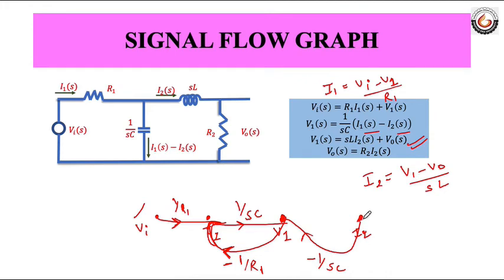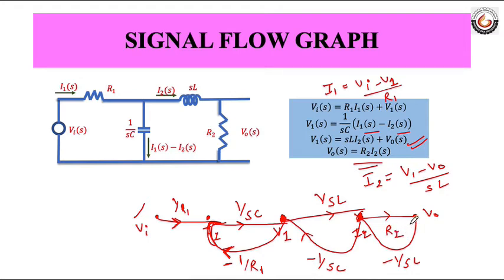So I2 in terms of V1 and V0 is, from V1 it is 1 by SL, and from V0 it is again minus 1 by SL in this direction. Okay, so now comes V2, the relationship between V2 and I2, and from this equation V2 is R2 times I2.